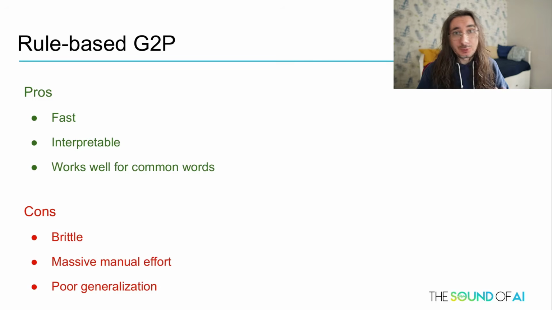And the main problem that we have here is that it has poor generalization. So if a word is not in the dictionary, then it's going to apply handcrafted rules. But as we've seen, those rules are not perfect. It's the O-U-G-H example, right? Where you have tough and you have cough.